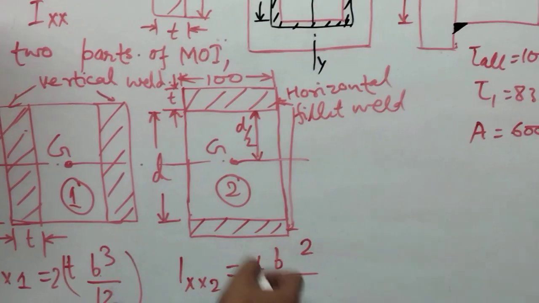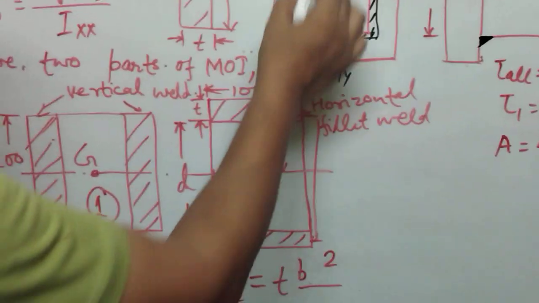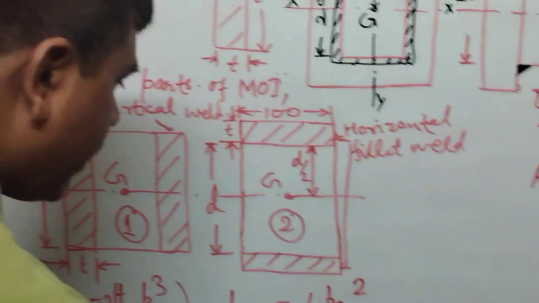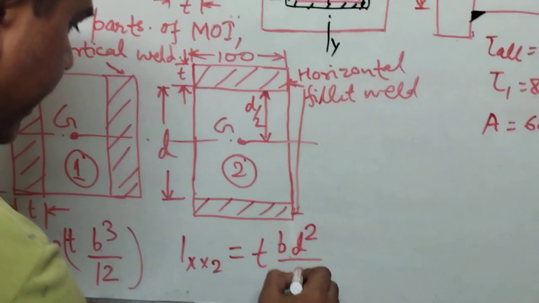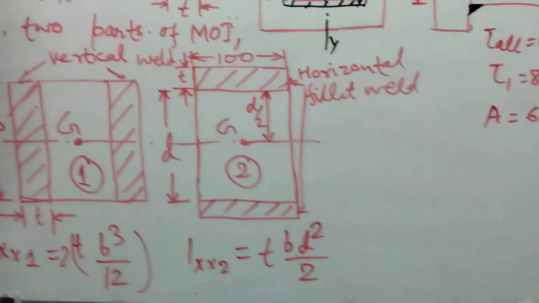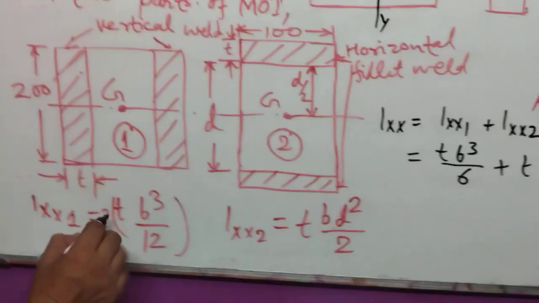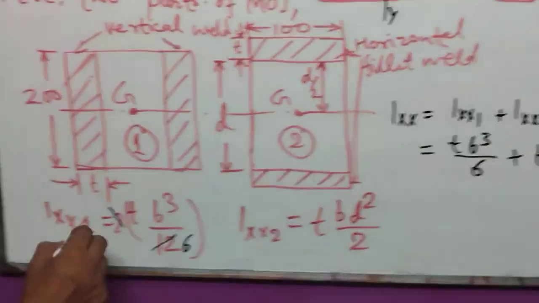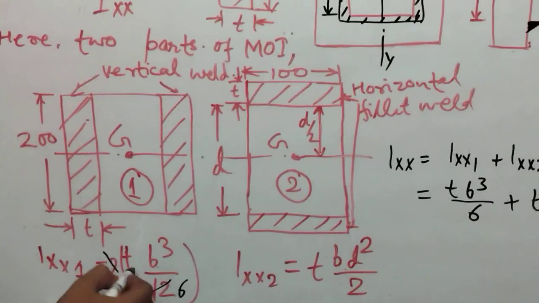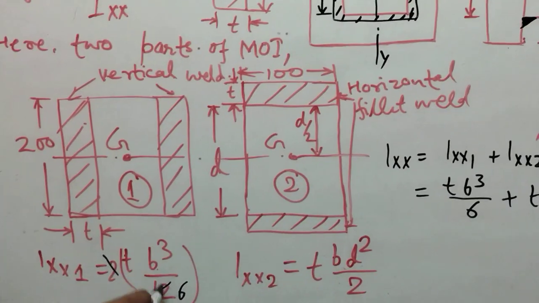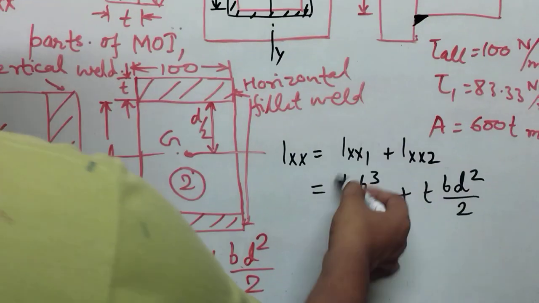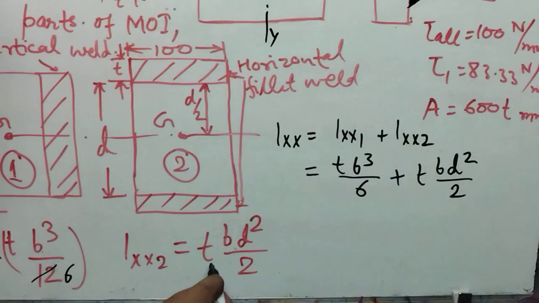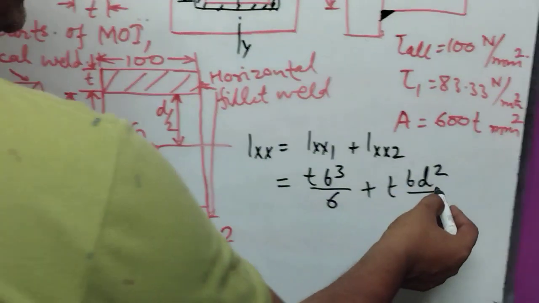Since there are two horizontal welds, the result is B D square by 2. Then Ixx1 equals T B cube divided by 6, and Ixx2 equals T into B D square by 2.